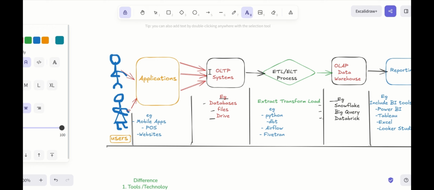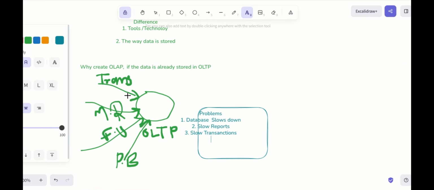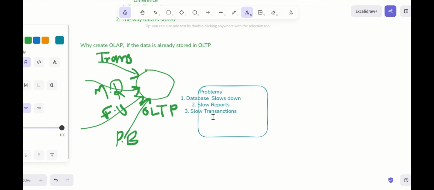If the system is slow, that means there will be poor customer experience. So number four is poor customer experience.